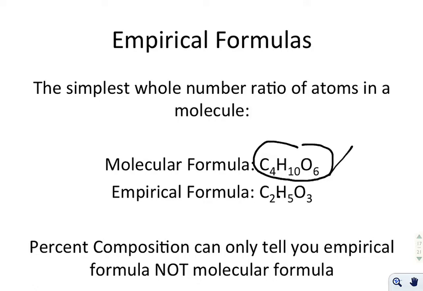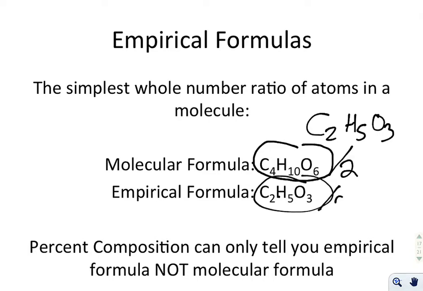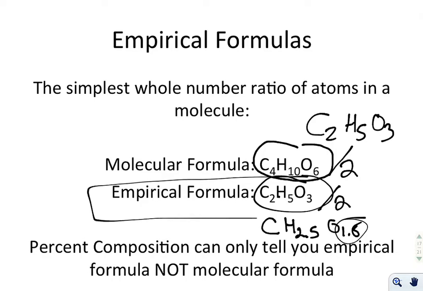I could take all of those and divide by 2 and get C2H5O3. That represents the simplest combination, because if I were to divide by 2 again, I would get CH2.5O1.5, and you can't have half of an atom. So because of that, this is what we call the empirical formula.